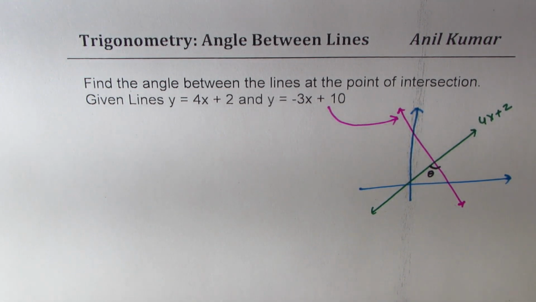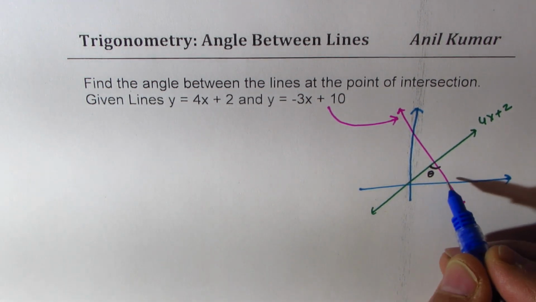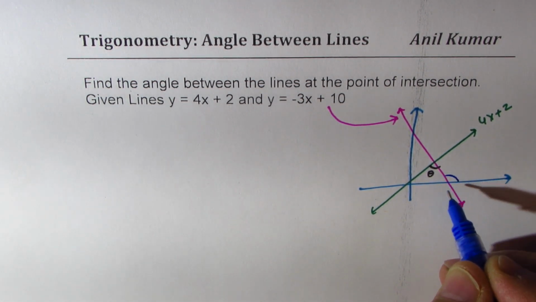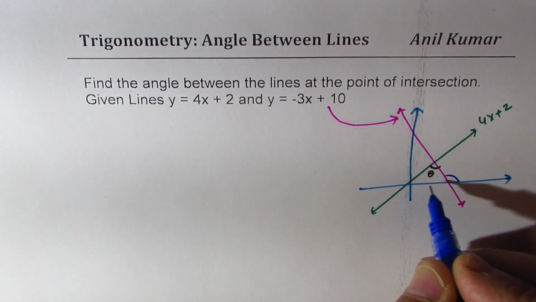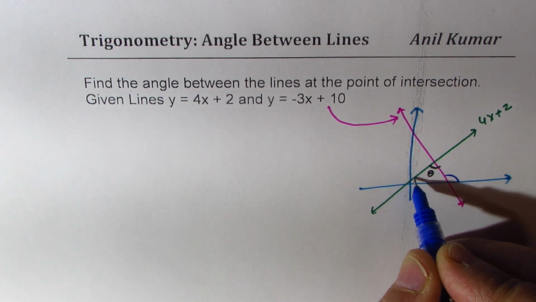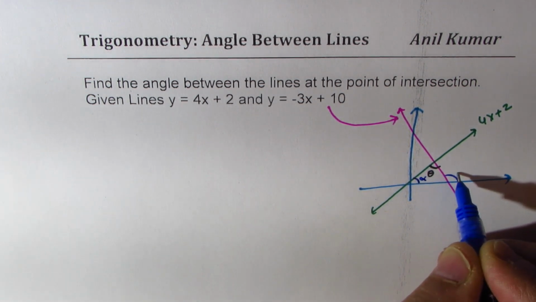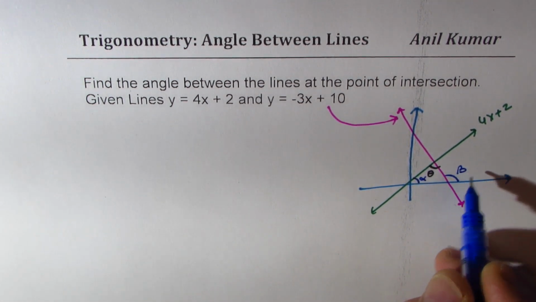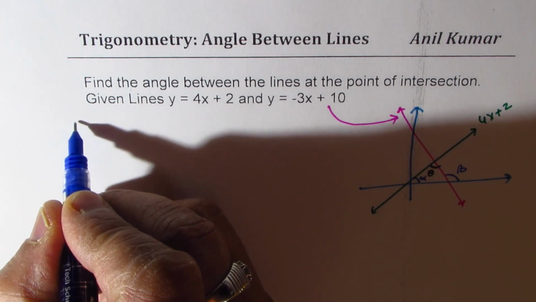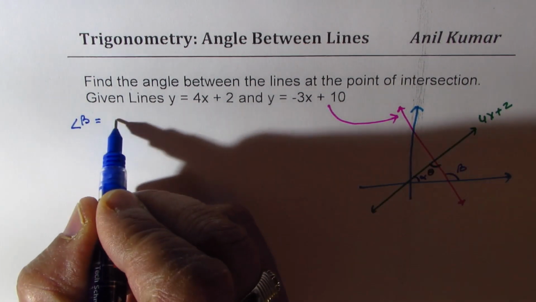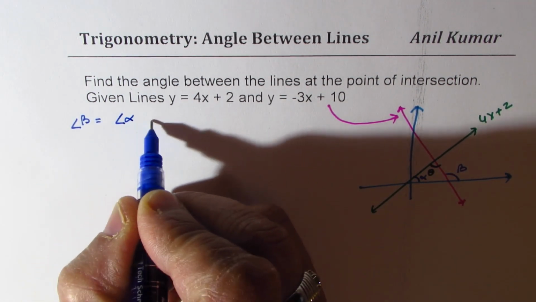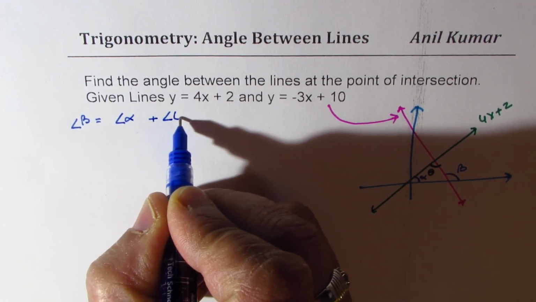Now as you can see, these lines have slopes which can be related to the tan of an angle. So let us say this is angle alpha and beta. In that case we know that angle beta, which is an exterior angle, should be equal to angle alpha plus angle theta.